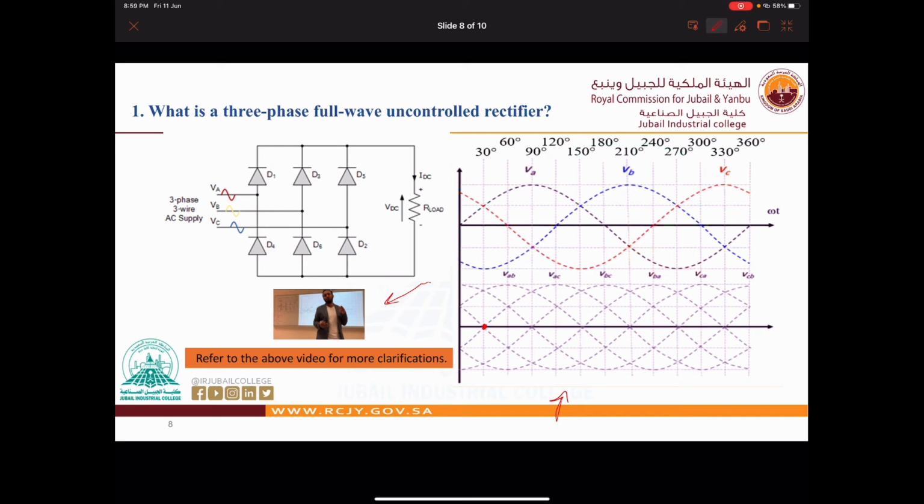This is 30, right? Now this is 90. Each 60 degrees, you should start from 30, and each 60 degrees you can put a point like this. And each 30 degrees you can put one of them like this. And again 60 degrees, and you can repeat the same thing here.